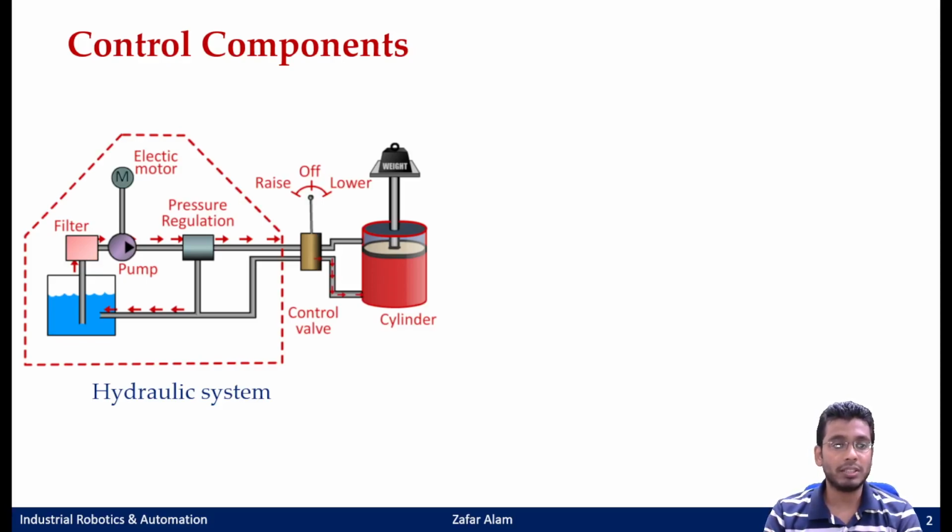The components put under the dotted line mainly deal with the generation of the fluid power. Then you have your transmission through your pipes before it engages the actuators, that is the cylinders. In between you have your control elements. Let's see what is the purpose of the control elements.